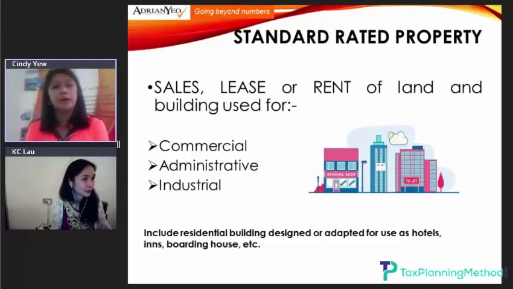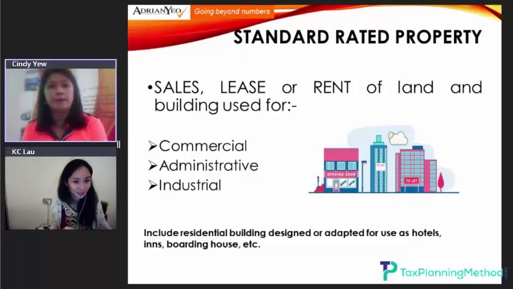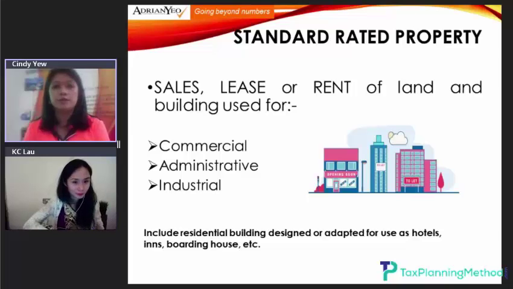But if this is regarding the lease or rent of the land or your building, then this is regarded as the supply of services. So any transaction involving sales, lease, or rent of land and building, which is used for commercial, administrative, and industrial purposes, is regarded as standard rated supply. Hence, it is subject to 6%.